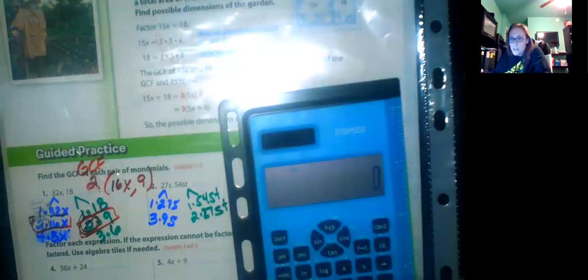Again, if you're not sure, just try numbers. So 54 divided by 3. Oh, that works. 3 times 18. 54 divided by 4. Nope. 54 divided by 6. Yep, 9.